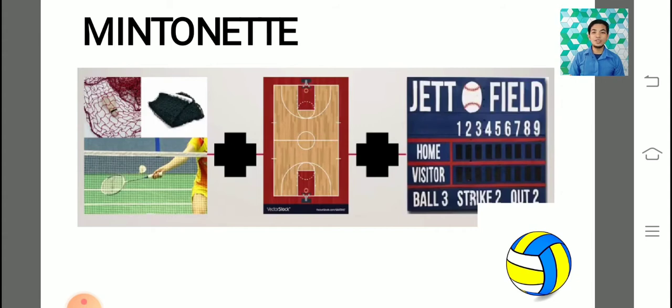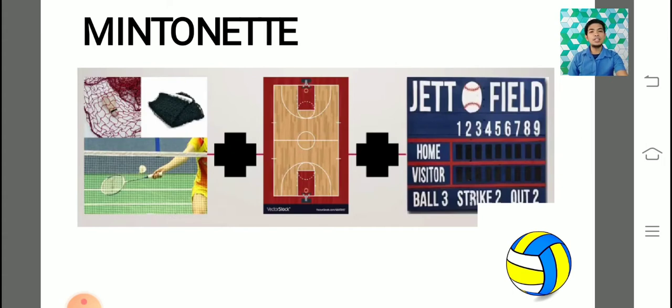Kailangan mo lang maka-score ng 9 points para ma-declare ka na winner. But nowadays, sa modern rules natin, you need to score 25 points para ma-declare ka na winner sa larong volleyball. Okay? So that was the contribution of these 3 games.